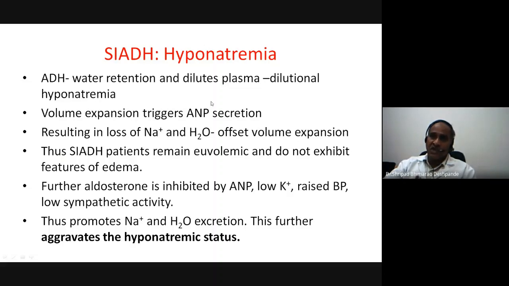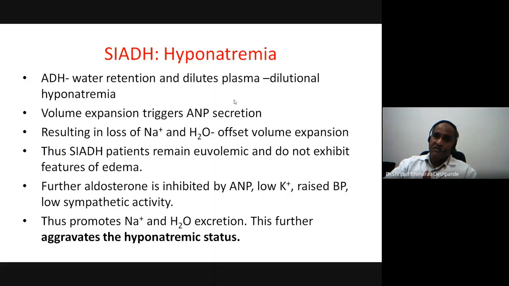That is a dilutional hyponatremia. Because of the water reabsorption, the plasma volume is expanded, and the expansion of the plasma volume increases the stretch on the atria of the heart. That will produce ANP, a hormone secreted from the heart. That's the atrial natriuretic peptide.